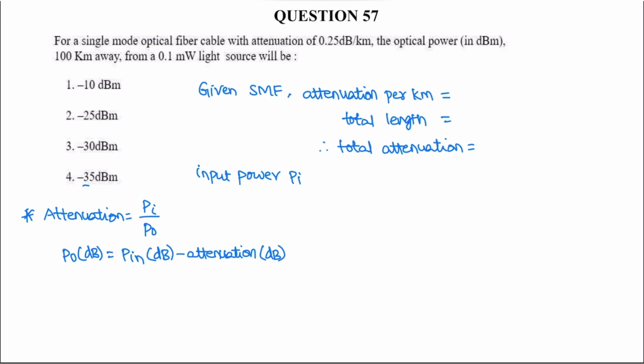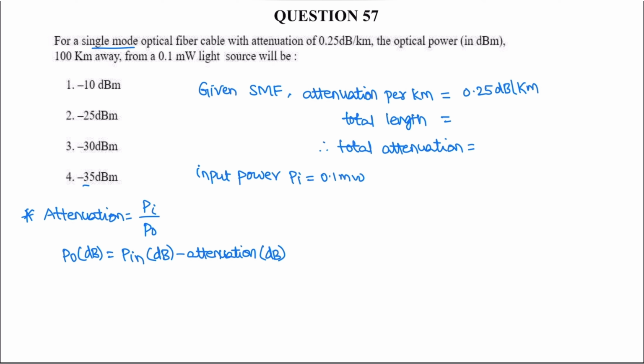Next question. In a single mode optical fiber with attenuation of 0.25 dB per kilometer, what is the optical power in dBm 100 kilometers away from a 0.1 milliwatt light source? They have given the input power as 0.1 milliwatt, and the fiber is a single mode fiber with attenuation of 0.25 dB per kilometer.